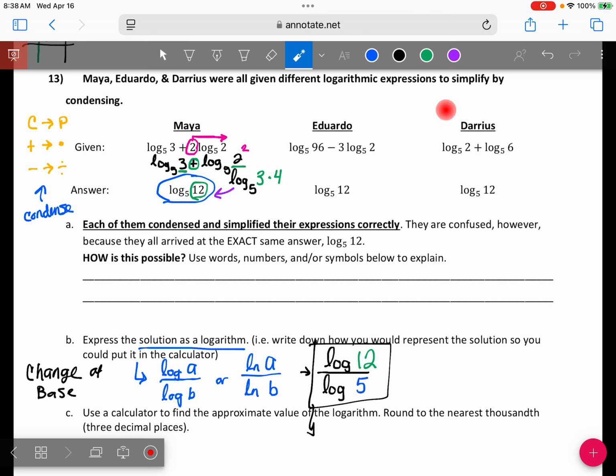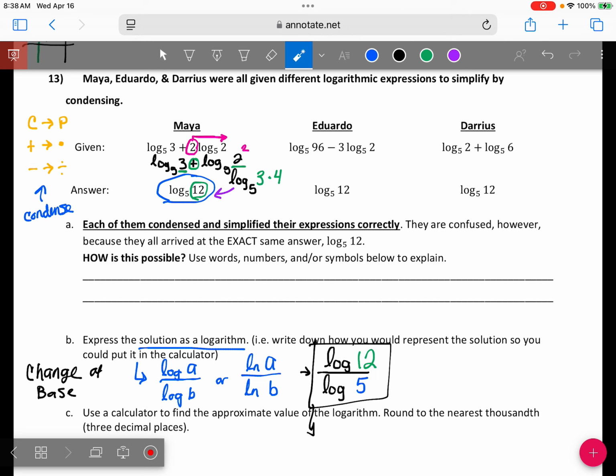For the rest of this first part A, I'd want you to look through all these steps. Condense these down. Make sure they did the right thing. This is asking you to think about how they all got to the same answer. Why does this happen? It's very much like 2 plus 2.